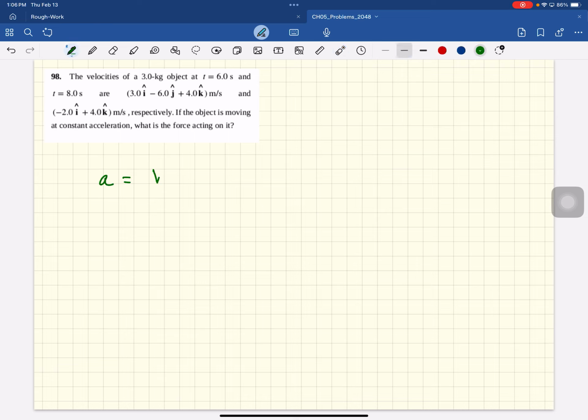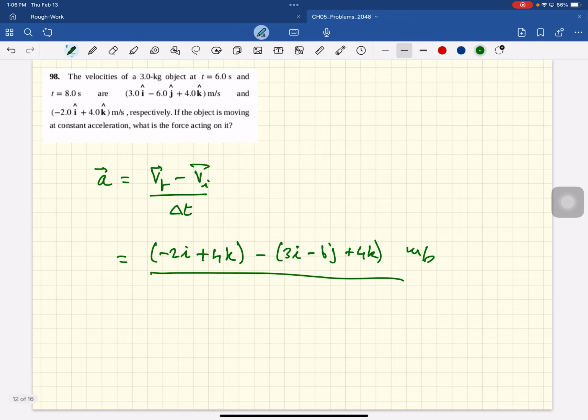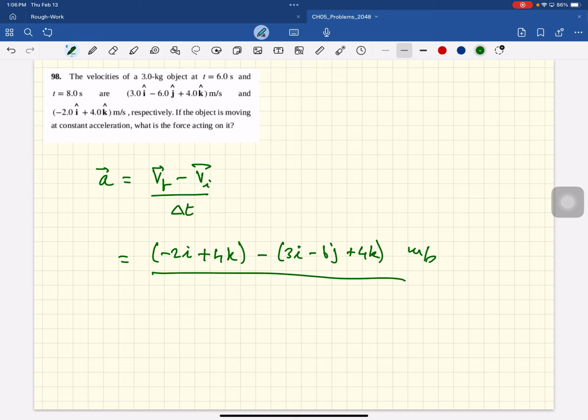The acceleration is final velocity minus initial velocity over the time over which this acceleration happened. Final velocity is minus 2i plus 4k minus 3i minus 6j plus 4k, and this change in velocity happened over 2 seconds.